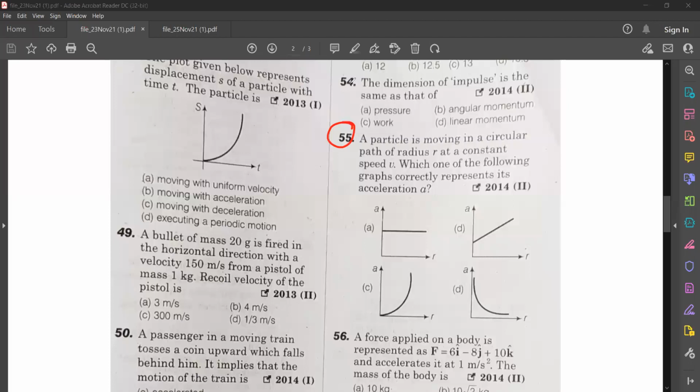So a particle is moving in a circular path of radius r and speed v. You need to find out which is the correct representation of acceleration. Please try, all of you.